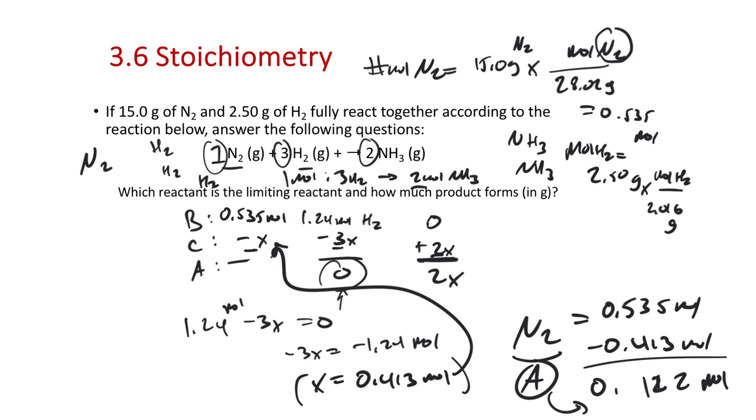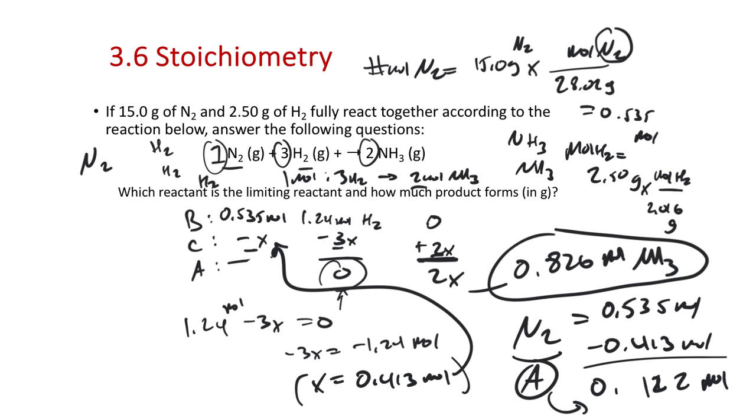And so 2 times X, 2 times 0.413, is equal to 0.826. So that's the quantity of product that forms during the course of this reaction. So I can see H2 is completely consumed, I have some N2 remaining, and I form 0.826 moles of my product NH3.